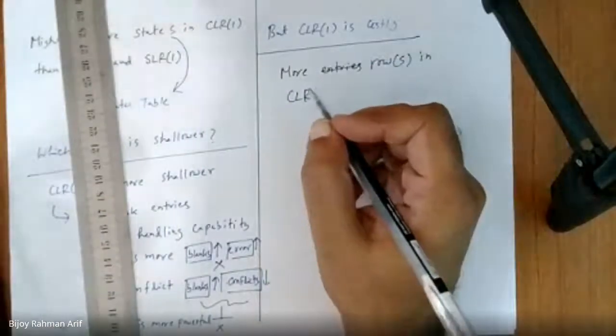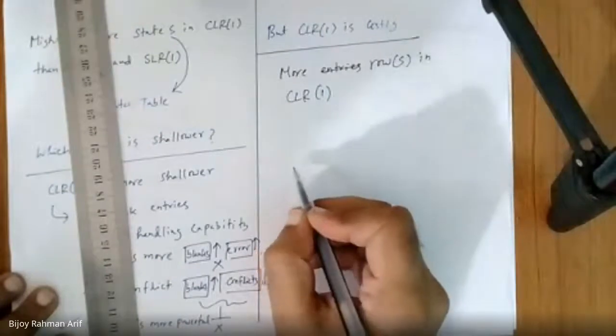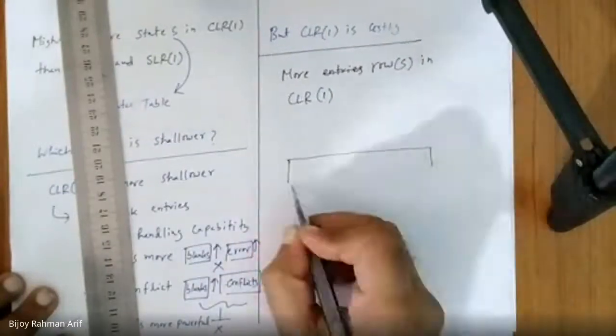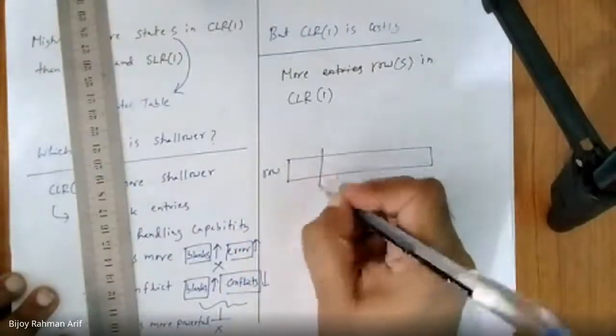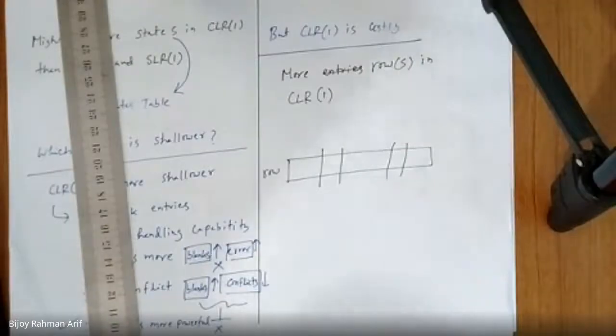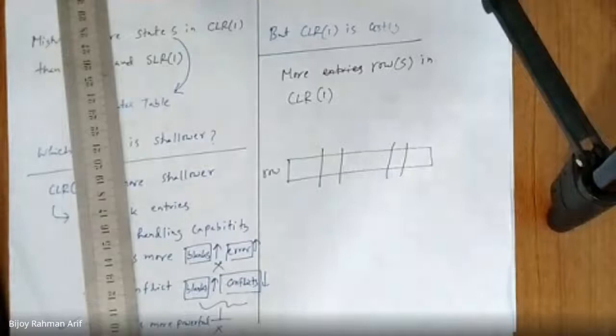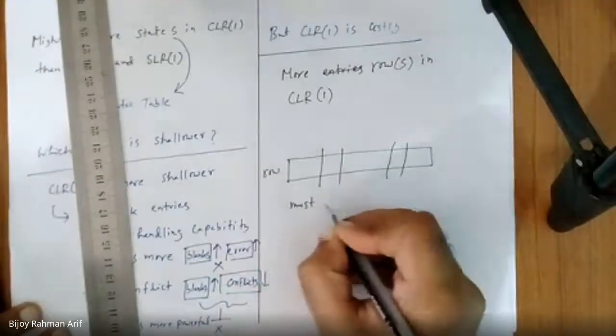You might say, sir, what's wrong? Entries are fewer. But the problem is, for blank space, you have to create an entire row. Am I right? It might be blank, fine, but you have to allocate space for it. Whenever you create a table, even if it is shallow, for counting the rows you must allocate the memory.